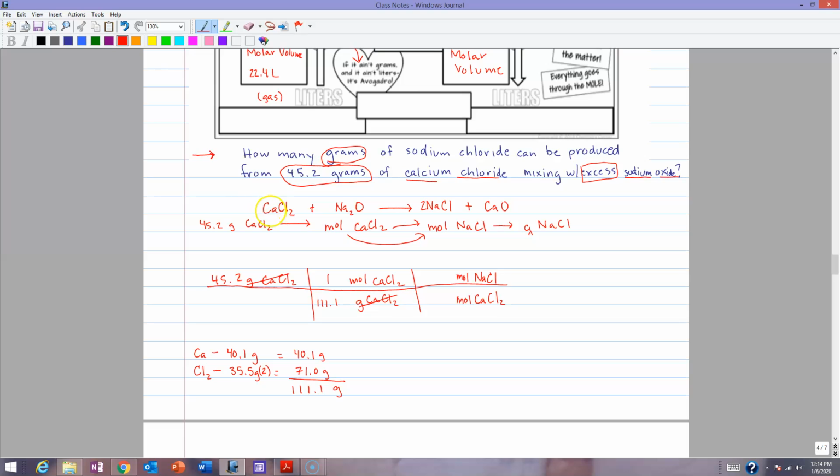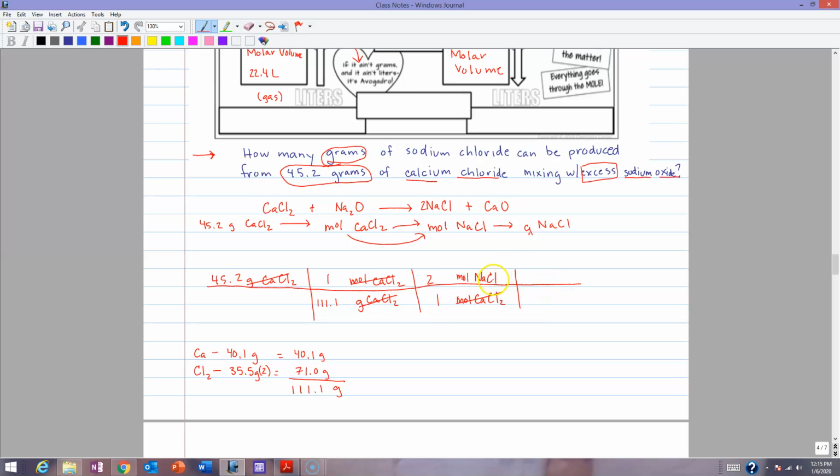So there's no number in front of calcium chloride, which indicates it's a 1, and there's a 2 in front of sodium chloride. What this means is I'm just doing a mole ratio. For every 1 mole of calcium chloride I react, I'm going to get 2 moles of sodium chloride. So moles of calcium chloride are going to cancel out.